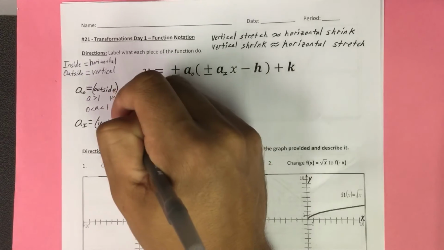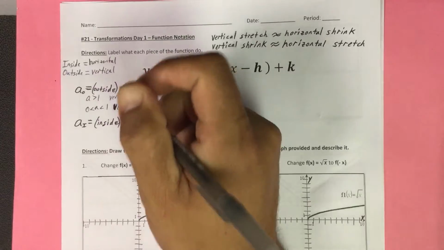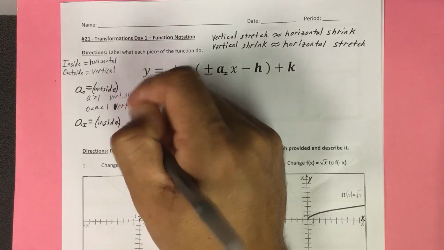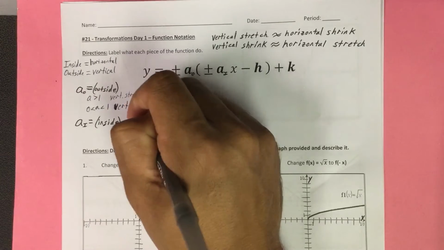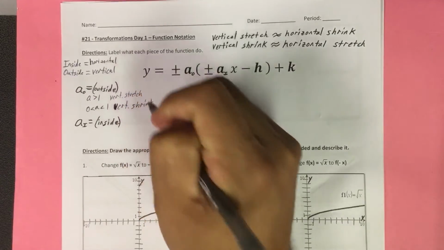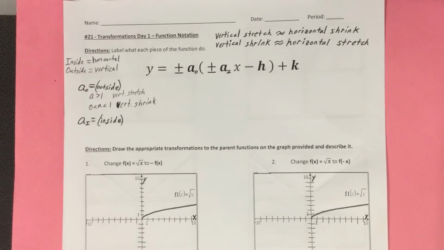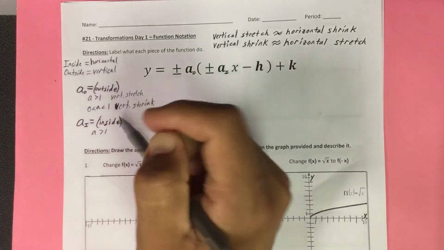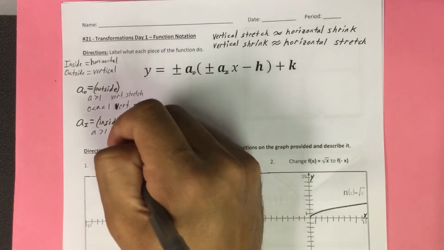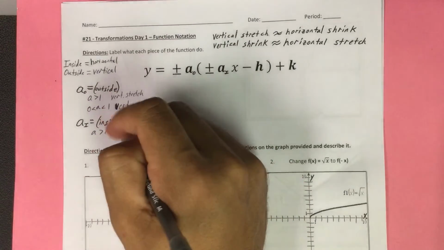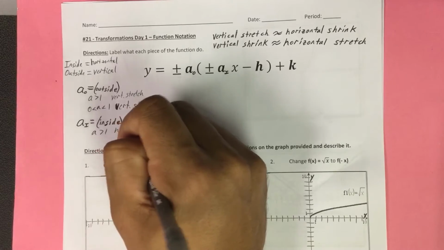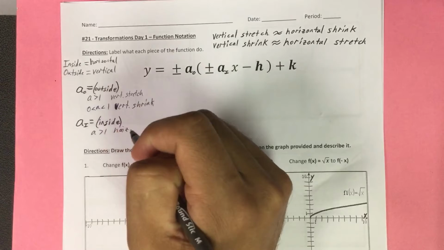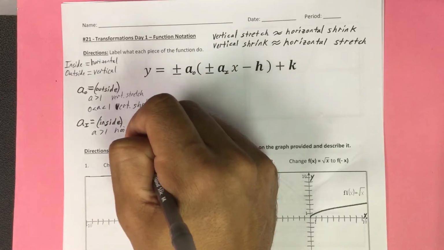You can see, even I'm confusing myself right now. It can get confusing if you don't write it down. Vertical shrink. Okay. If it is on the inside, if A is greater than 1, we call that a horizontal shrink.